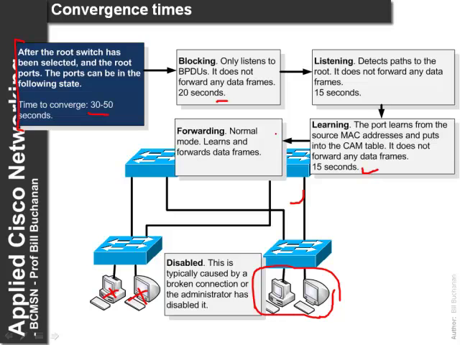After this, they will go into a forwarding phase, which is the normal phase where they learn and forward data frames. The ports can also go into a disabled phase, typically where there's a broken connection or when an administrator has disabled a port.